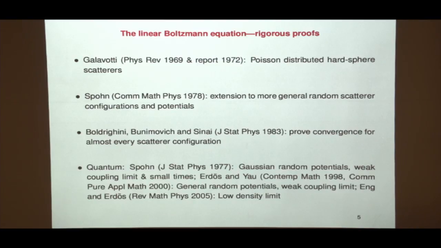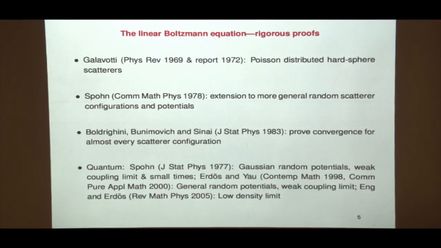And this started off with a famous work by Gallavotti, who assumed that our scatterers are random, more precisely, that they're sitting on the points of a Poisson process. And he proved that in probability, our particle density converges.